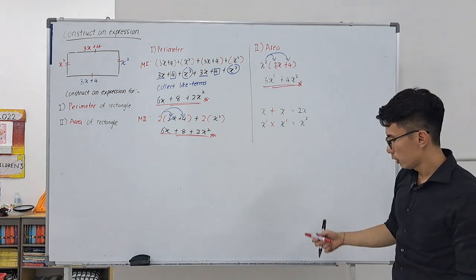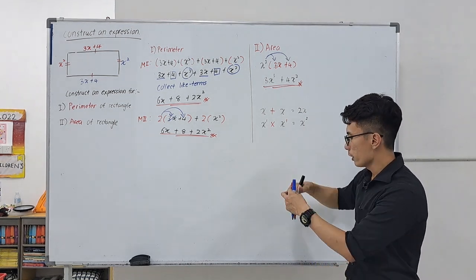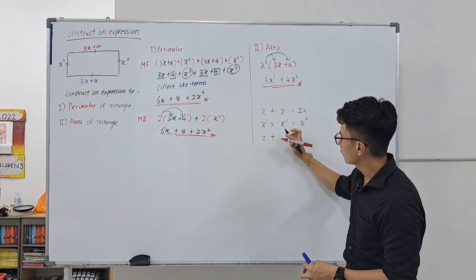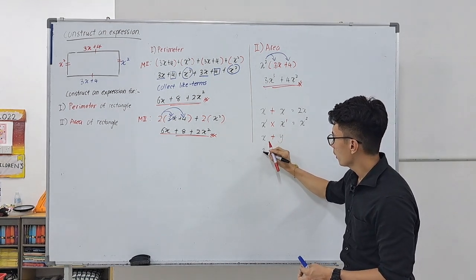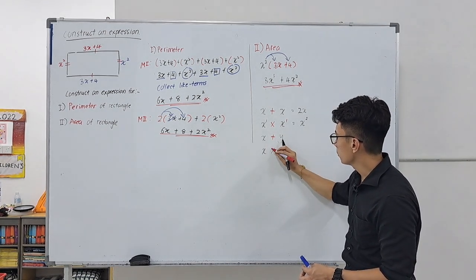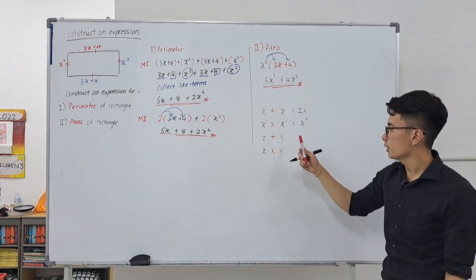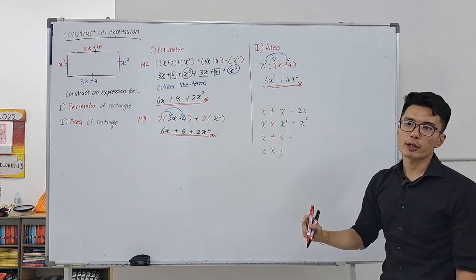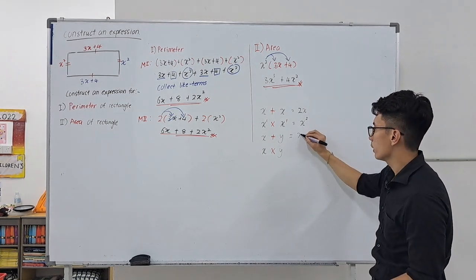Now what about another example? If I have x plus y and also x multiply with y, what will I get here? For x plus y, some students will say, oh, x plus y is going to be xy.